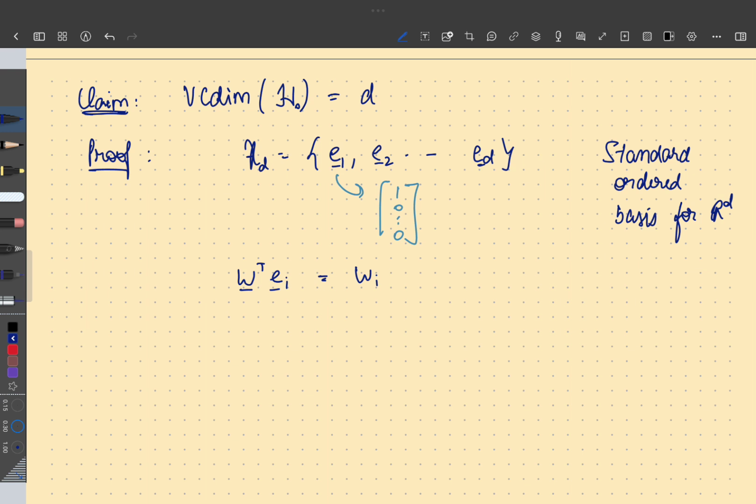So what is a natural choice? Suppose you want to generate some particular configuration, that is some particular set of labelings, Y1, Y2 up to YD.